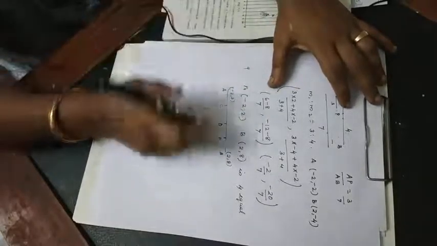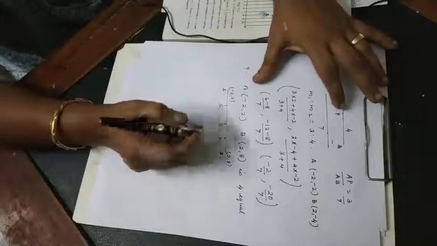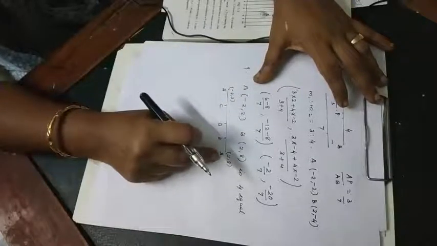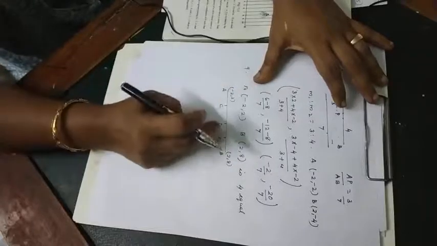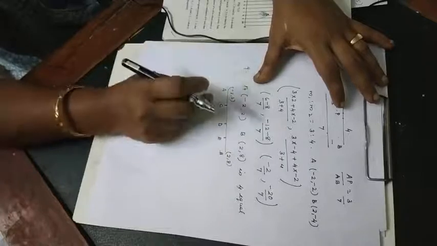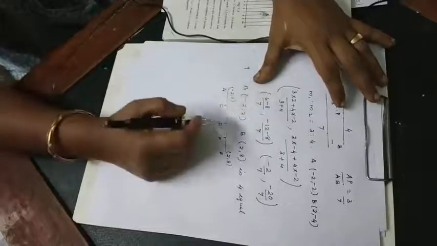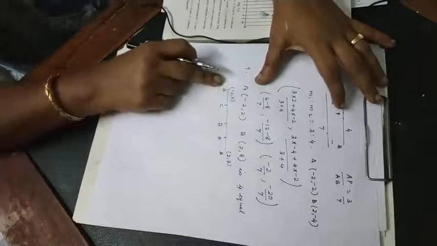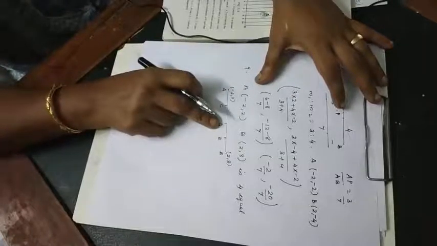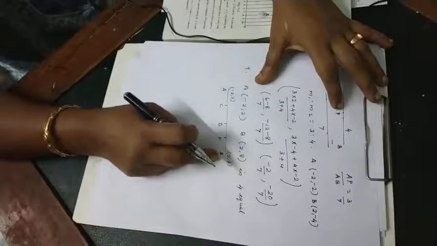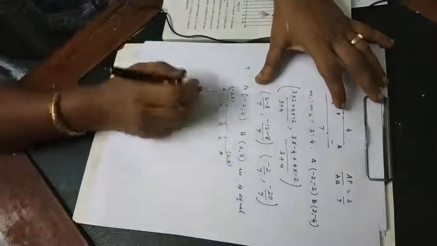So coordinates of D: D will be the midpoint of AB. If you find the midpoint of AB, you get the coordinates of D. After finding D, C will be the midpoint of A and D, and E will be the midpoint of D and B. I think that will be easier for you.